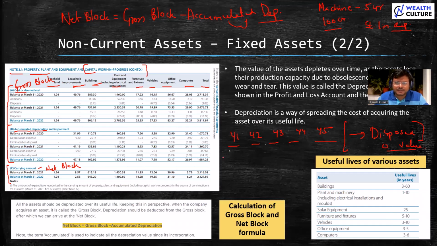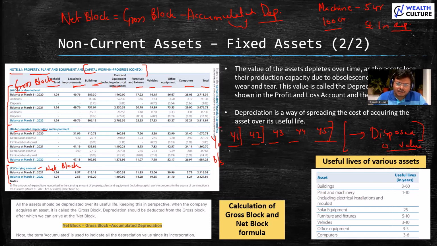In my first year of operation, on the balance sheet, I will show, and so let's say this is end of year 1. We are talking end of year 1, end of year 2. So at the end of year 5, it will be 0. So end of year 1, and let me also show year 0.